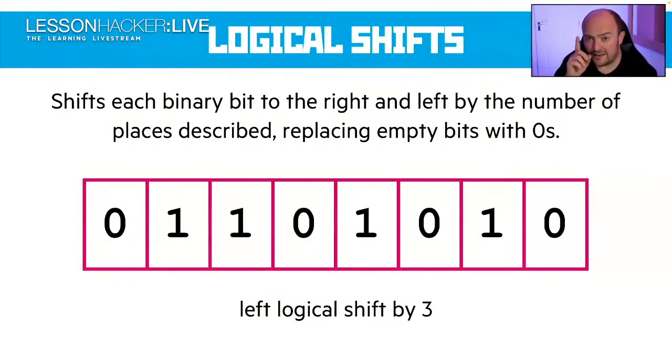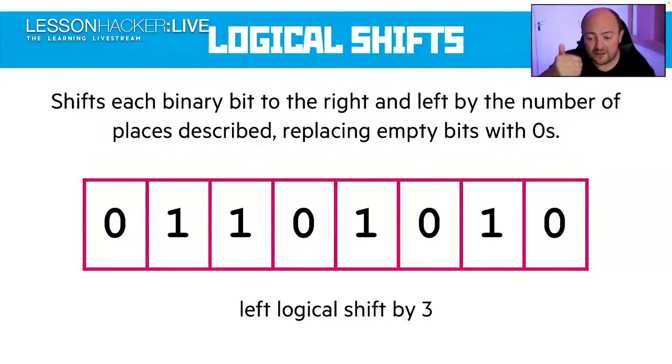Logical shifts. Okay, now there's a big difference here. We've only really ever talked about shifts before, but there's a difference between logical and arithmetic shifts. Logical shifts, we shift all of the data right or left, depending upon how many times it's told us, and we replace the gaps with 0. Remember, as they fall off the bit pattern, they disappear.